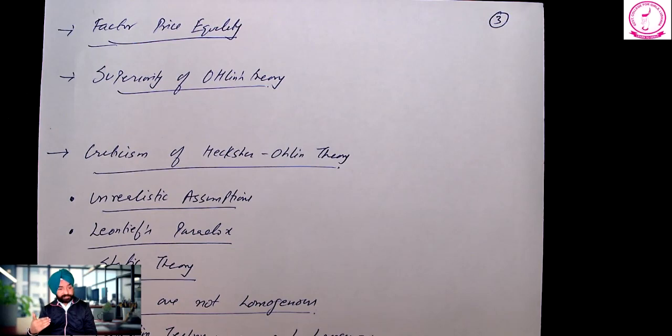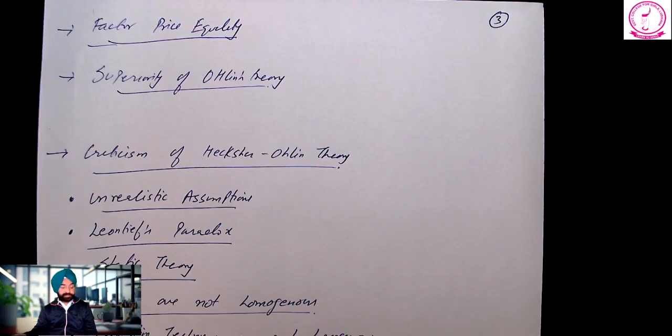It shows there is not only a comparative difference in cost. It gives us an idea why there is a difference in cost of production: factor endowments, factor intensities. These points have been discussed by Ohlin only. That's why Ohlin's theory is better in comparison to classical theory.